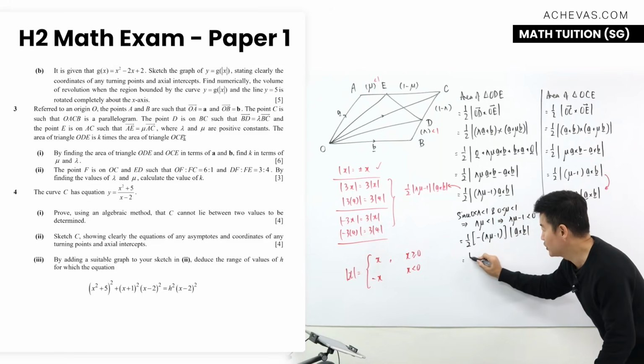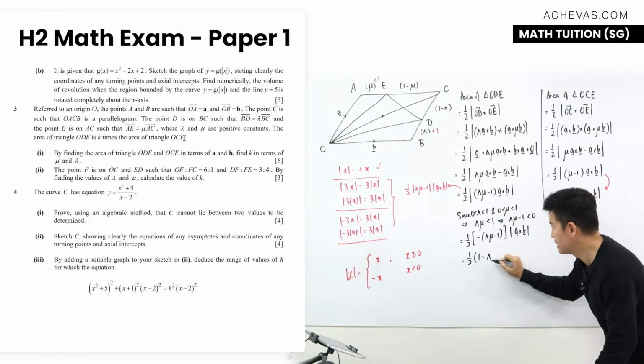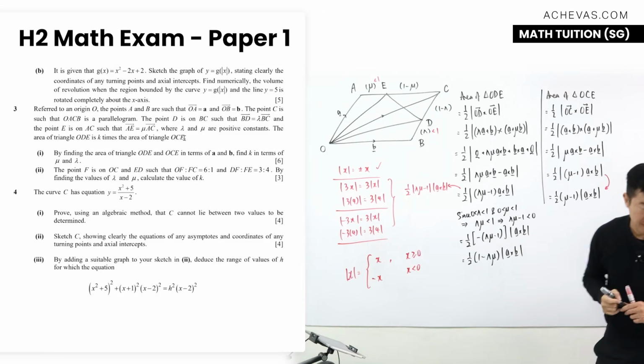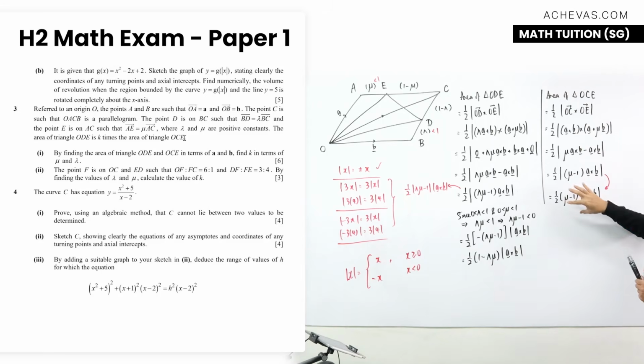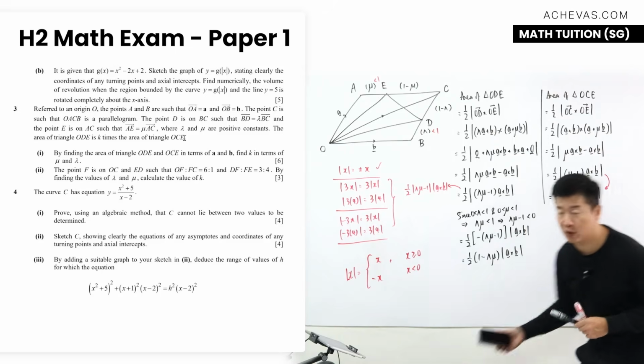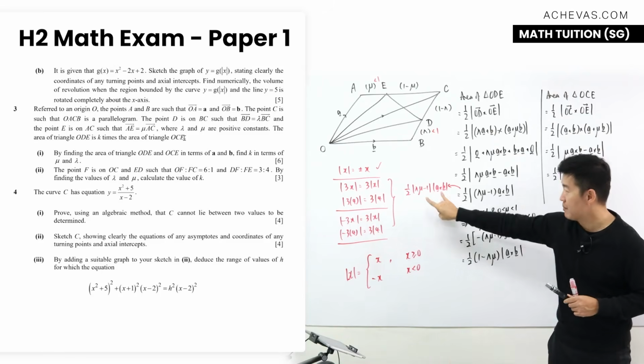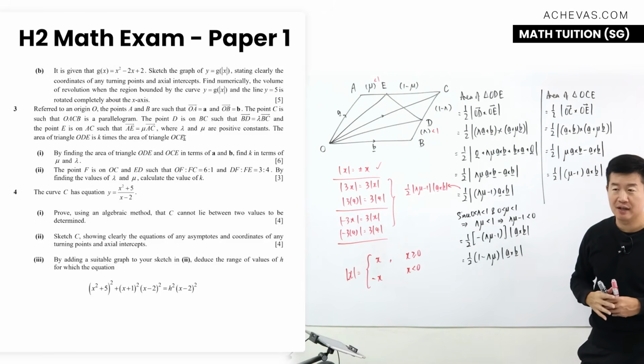So this is supposed to be half of (1 minus lambda mu) modulus of A cross B. The same goes for this. I cannot just simply remove the modulus. The modulus must remain if I cannot tell what is the input into the modulus function.